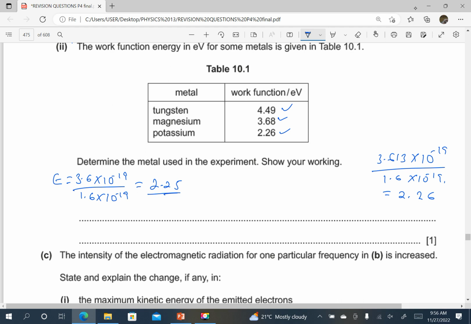But this one is fine, 2.25 electron volts. We know that this is the nearest. So if you use more significant figures, you will arrive at it. So it is potassium that is being used.